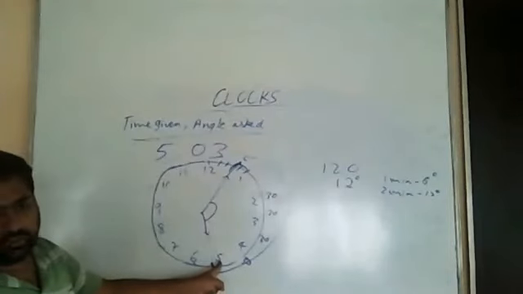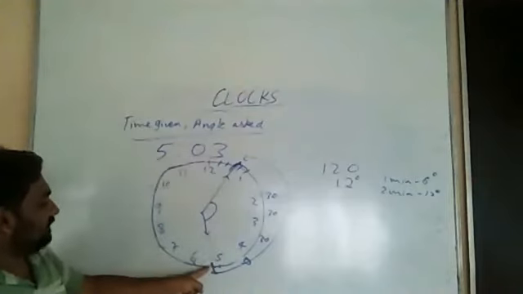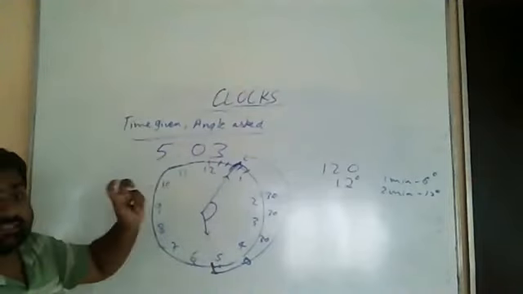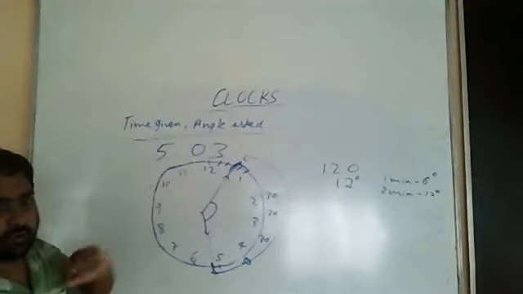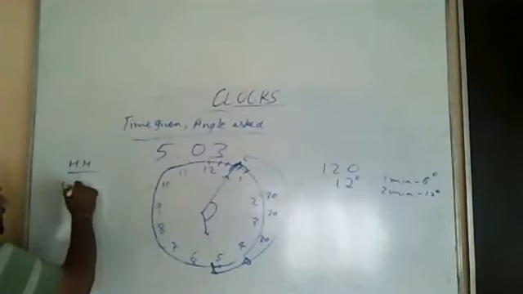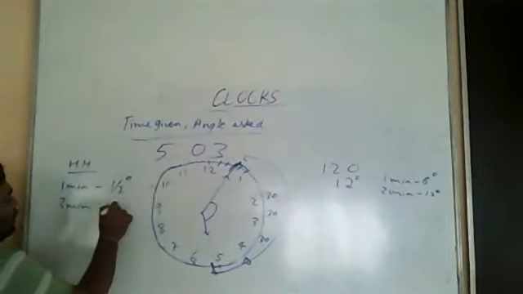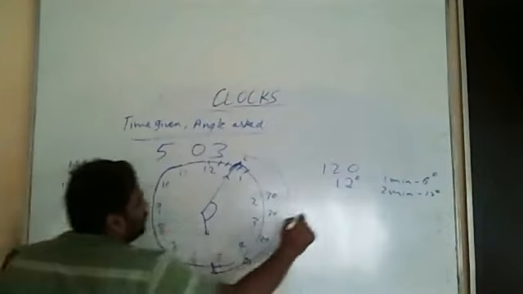Now the hour hand. If it was 5 o'clock, the hour hand would have been exactly on 5. Now it is 5:03. So it has traveled 3 minutes forward. Yes or no? The hour hand in 1 minute goes half a degree. So in 3 minutes it goes 1.5 degrees.